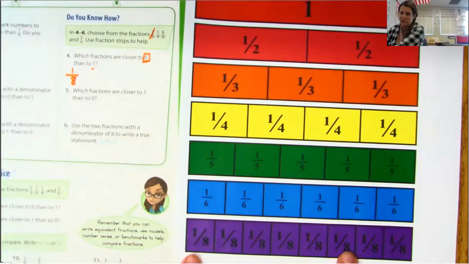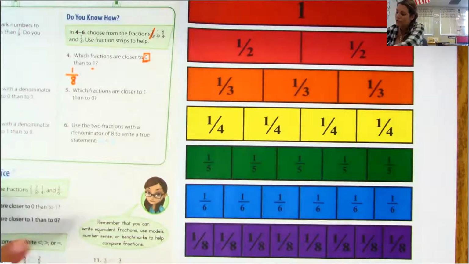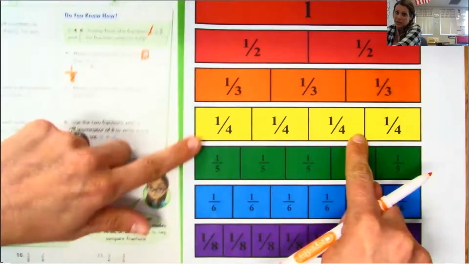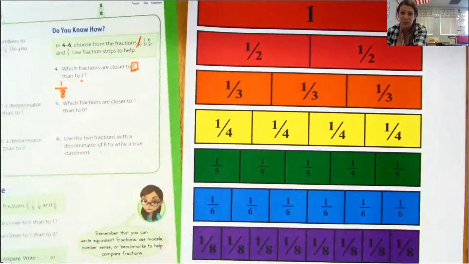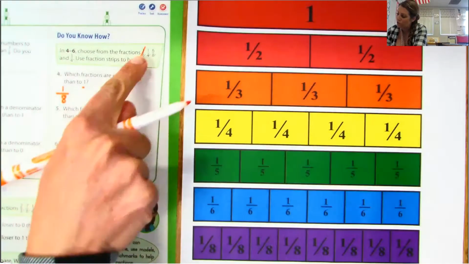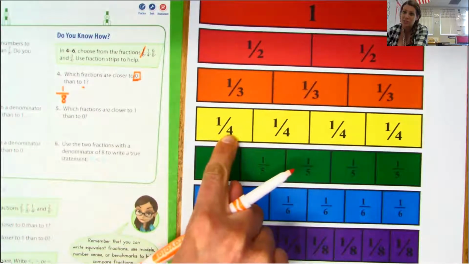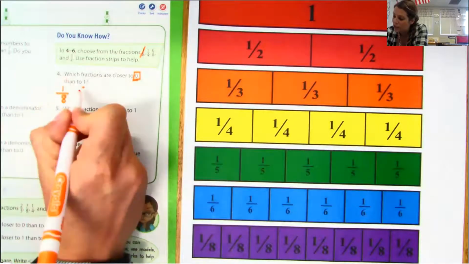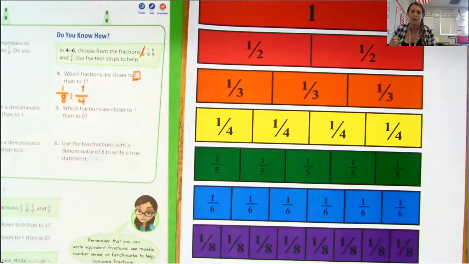Ooh, that doesn't look close to 0, does it? Or 3/4. 1, 2, 3. Those last 2 seem pretty big. Do you agree? So if you look at 1/4, that's a lot closer to 0 than the other 2, right? So 1/8 and 1/4 would be our answer for that. So we can cross off that one.